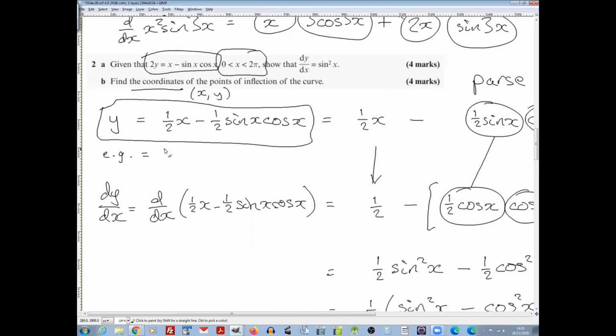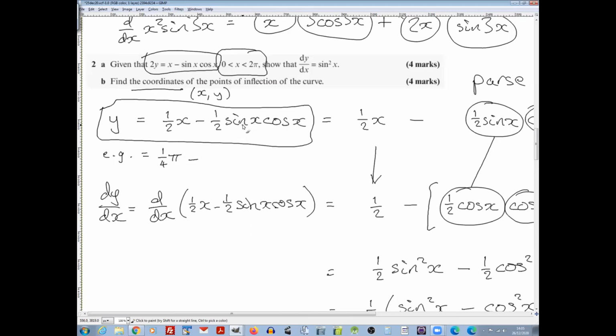Half of pi over 2 is a quarter pi. Good. And then if we put pi over 2 in here, what's the sine of pi over 2?